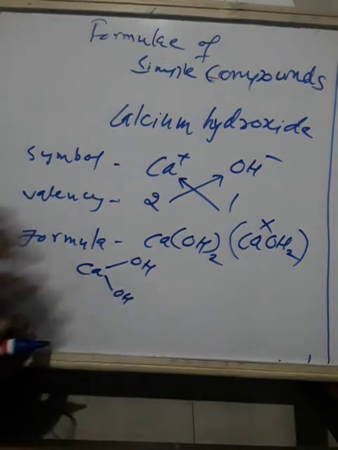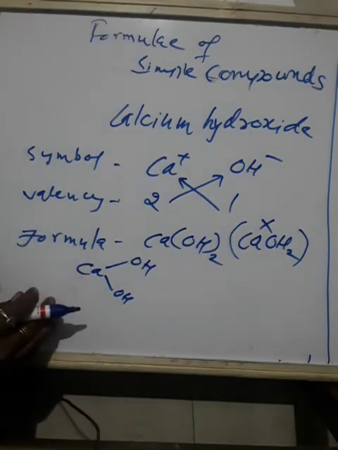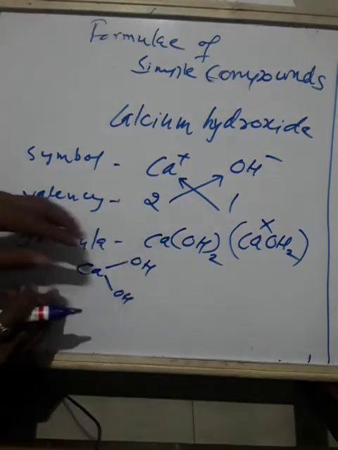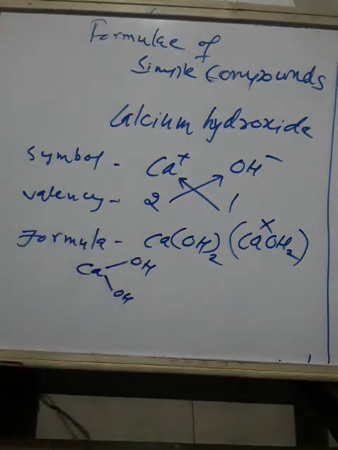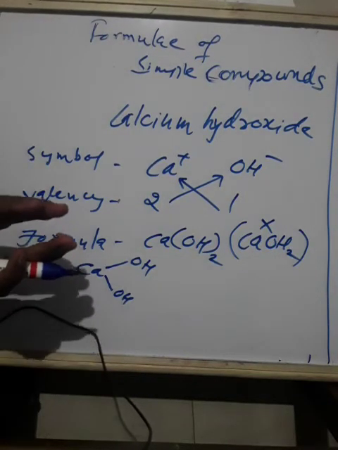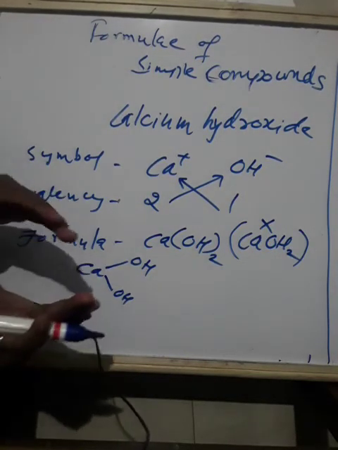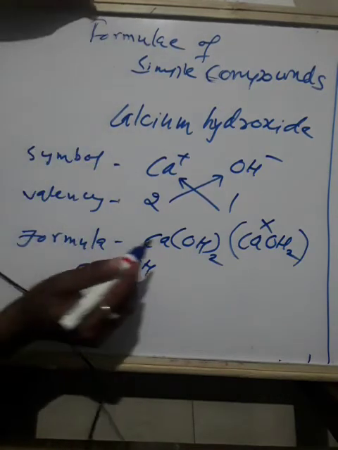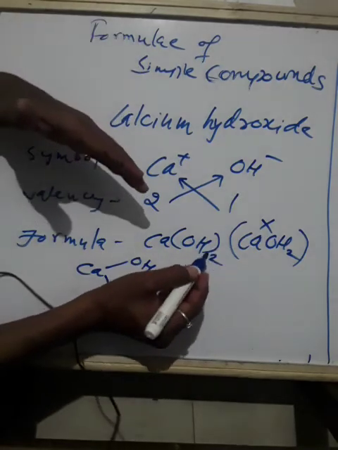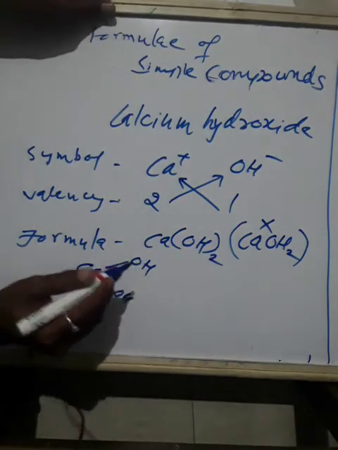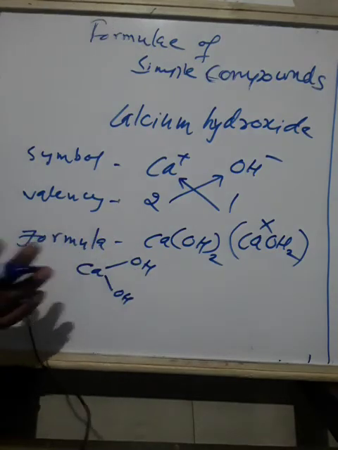This is how it is written in the structural formula, joined with 2 hydroxyl ions. So we write Ca(OH)2, because the bracket indicates it contains 2 atoms of hydrogen and 2 atoms of oxygen. Okay.